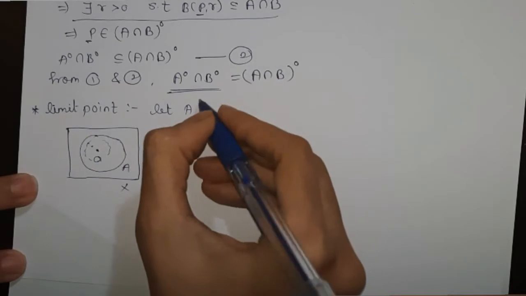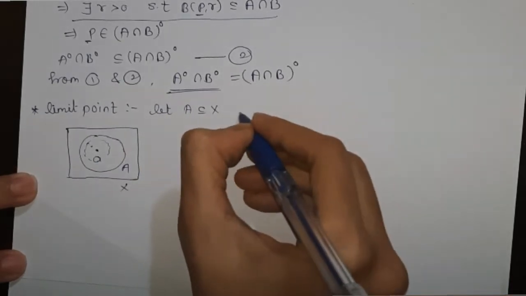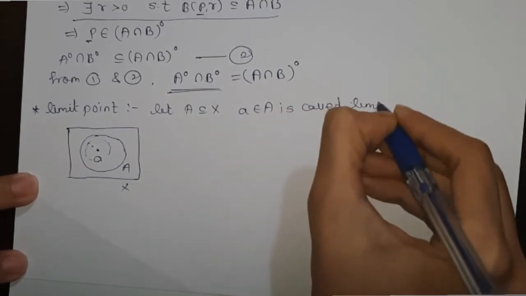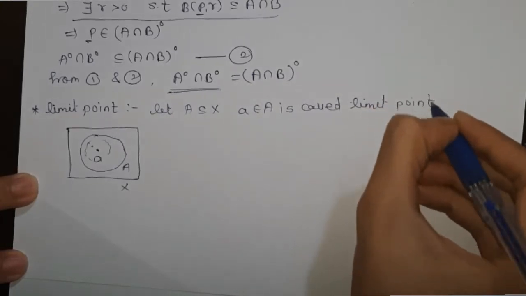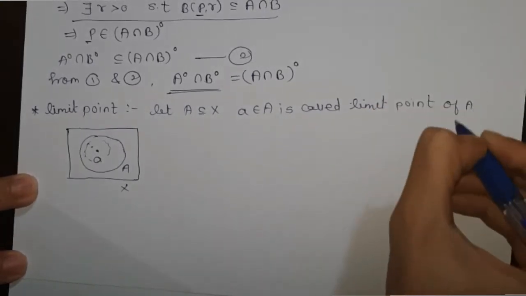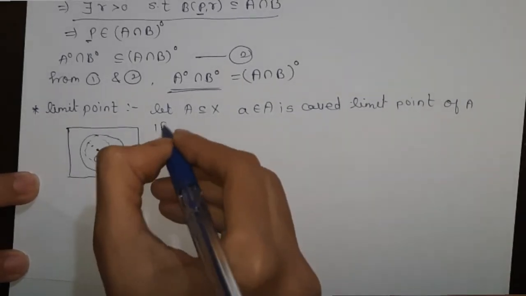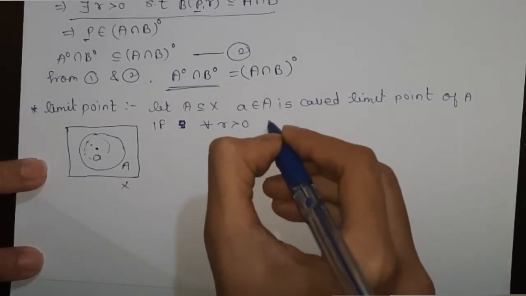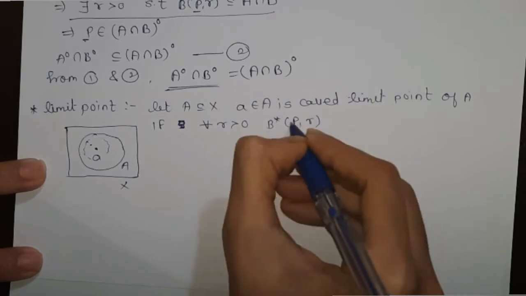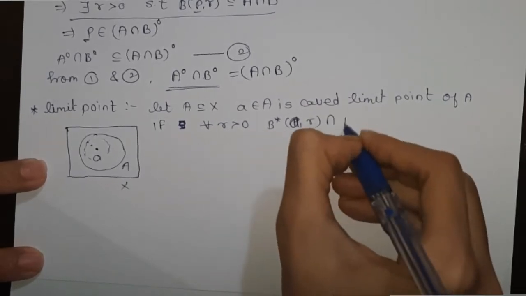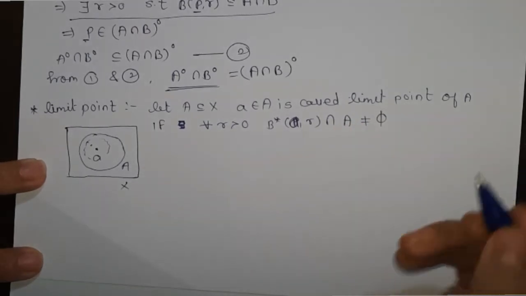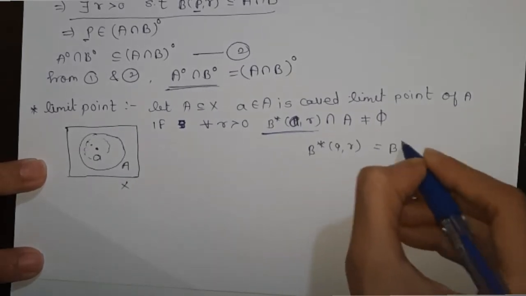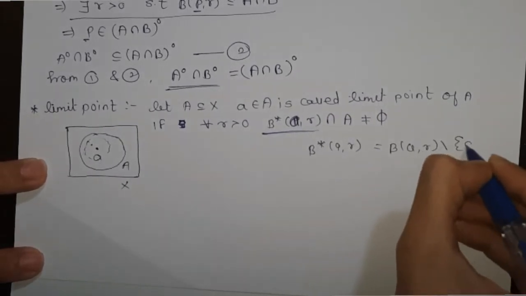So how do we write this? Let A be a subset of X, and a belonging to A is called a limit point of A if for every r greater than 0, B star (a, r) intersection A is non-empty, where this B star (a, r) means B(a, r) minus {a}.